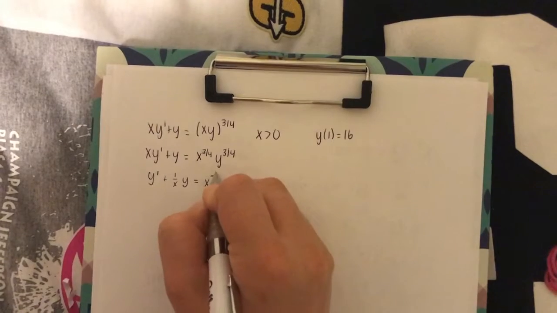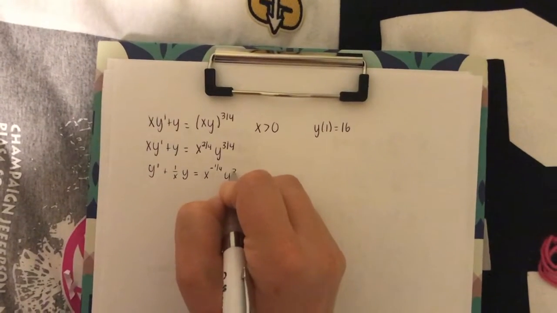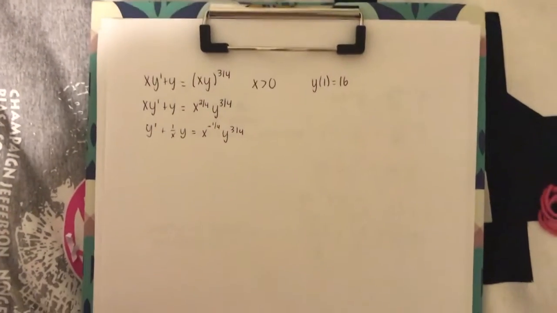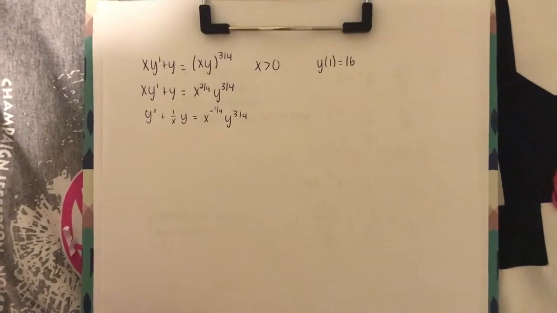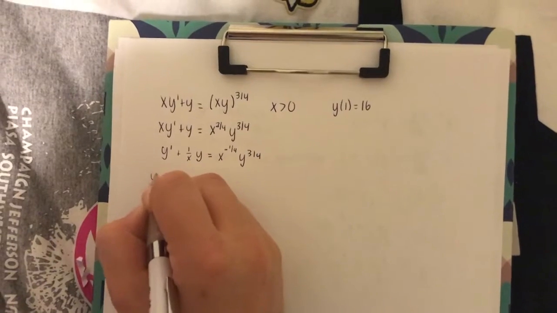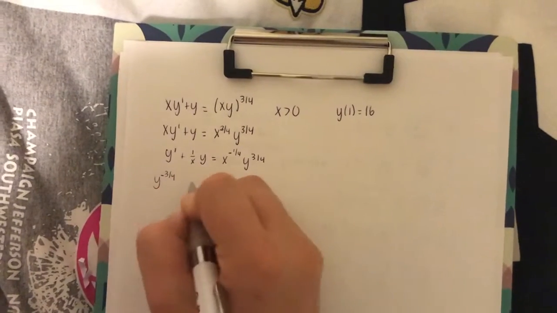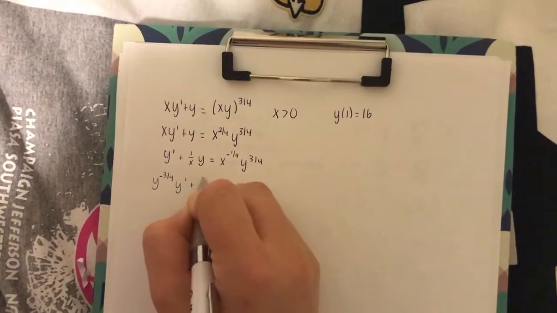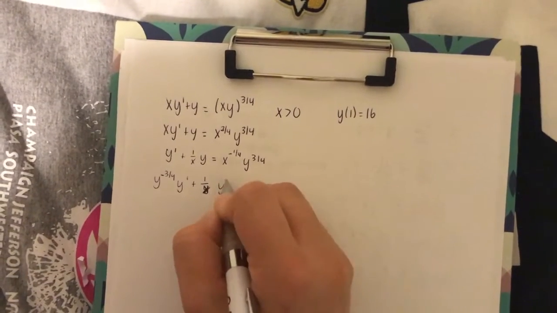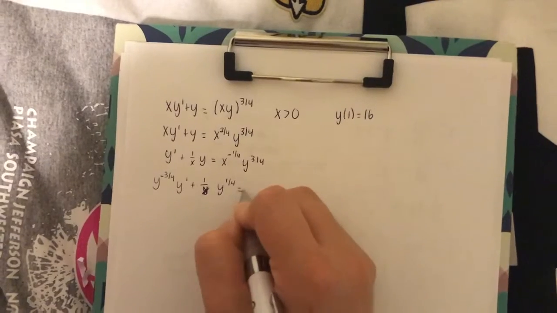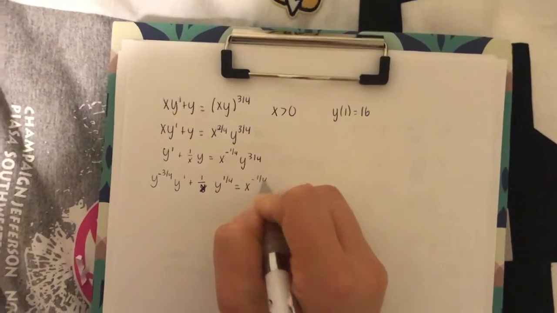I'm left with negative 1/4 y to the 3/4 on the right. And then my next step is to divide all the terms by that y to the 3/4. So I'm going to be left with y to the negative 3/4 y prime plus 1 over x times y to the 1/4 equals x to the negative 1/4.